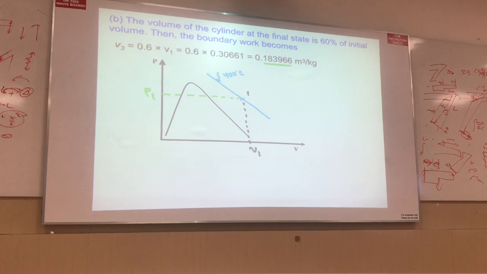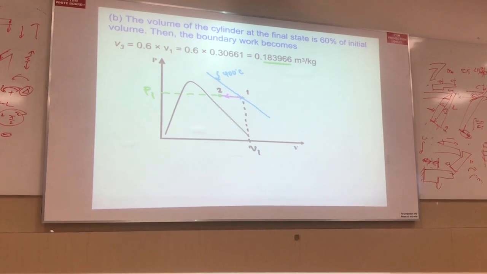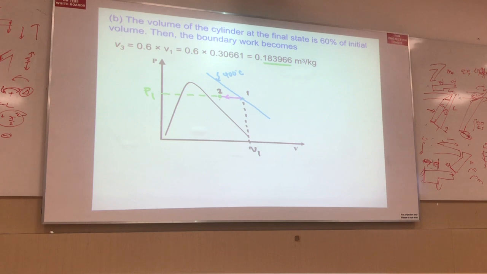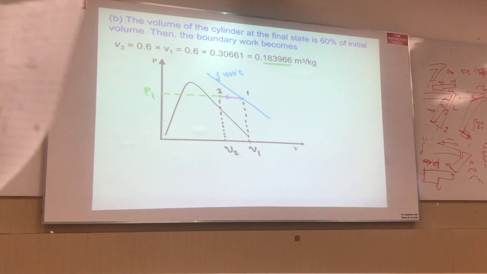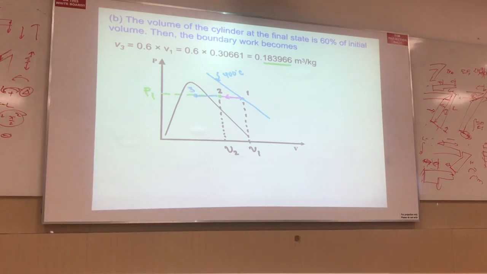Then this is state 2, and this temperature is 250. After that it goes to here, 3. This one is V3, and this one is 0.183966. Correct.